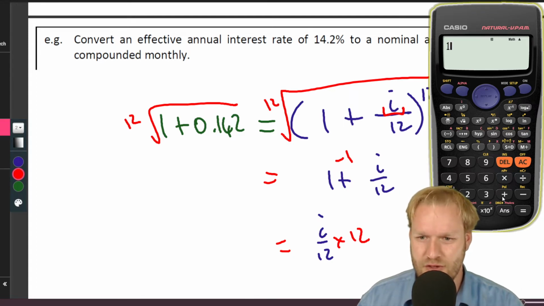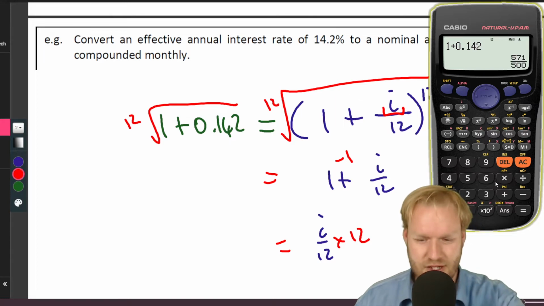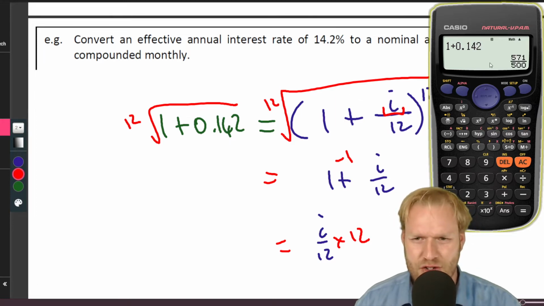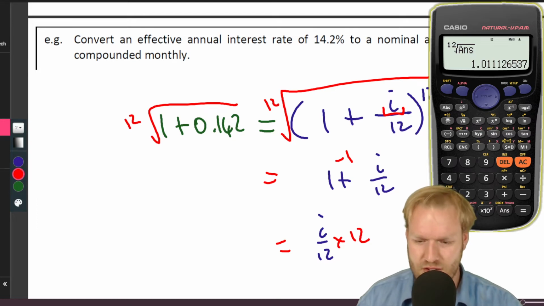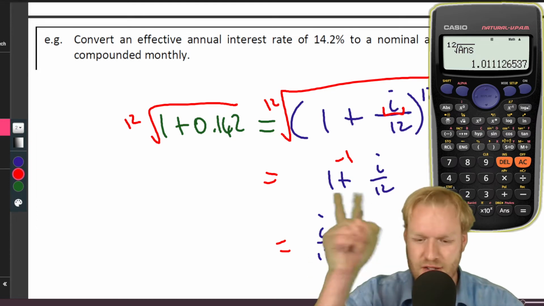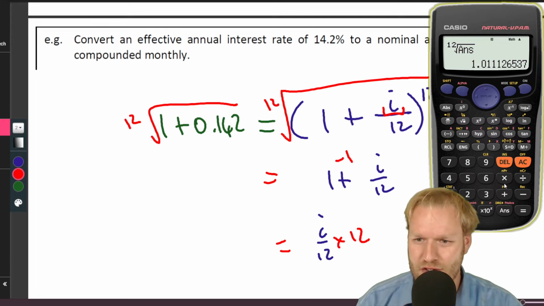So to start with, we've got 1 plus 0,142. That's on the left-hand side. Then we said the first thing we need to do is take the 12th root on each side. So shift that one, 12th root of that, whatever that was, is that. Then we've got this on the right-hand side. So we need to subtract 1. So let's subtract 1, equals.